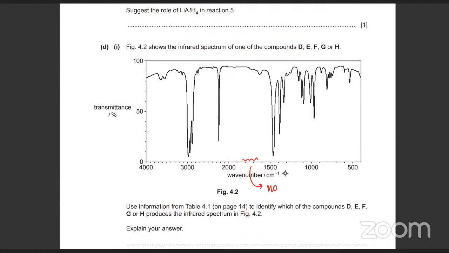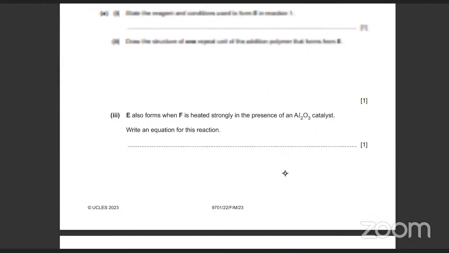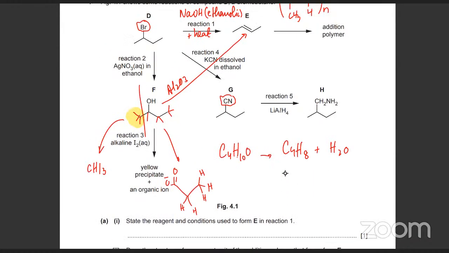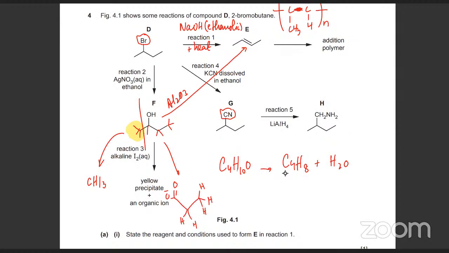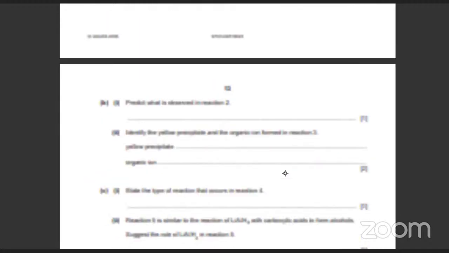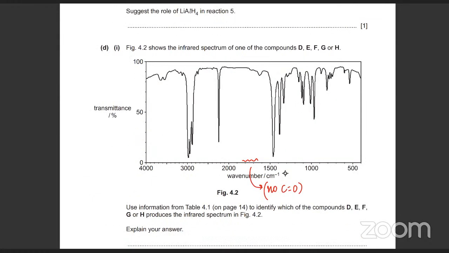So that indicates that it does not have any C double bond O. Is that clear? None of them actually have a C double bond O, so nothing gets eliminated.